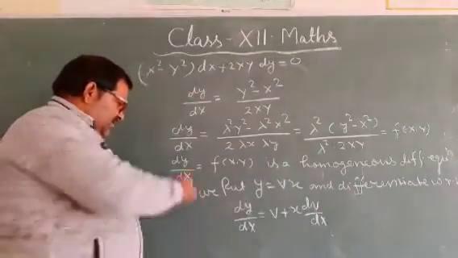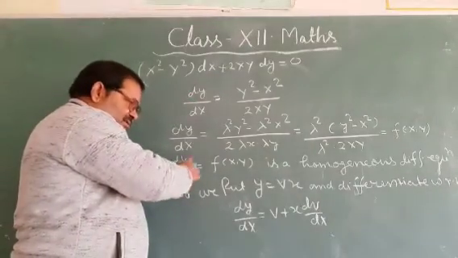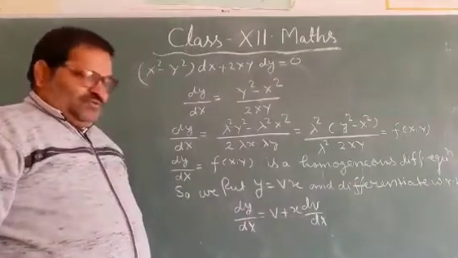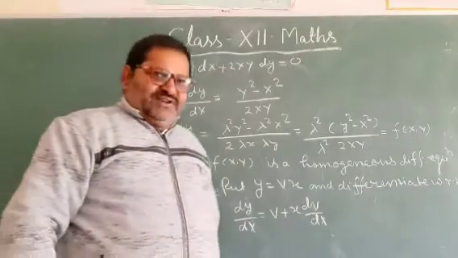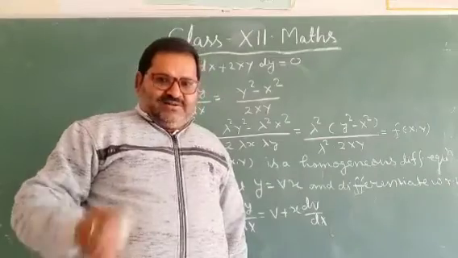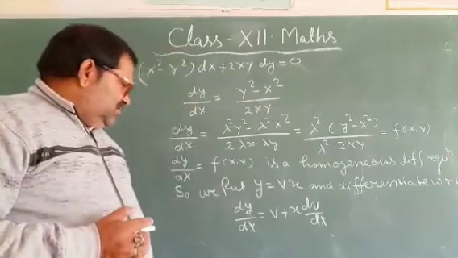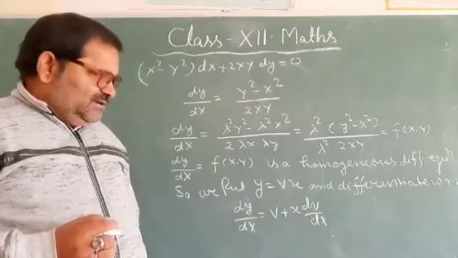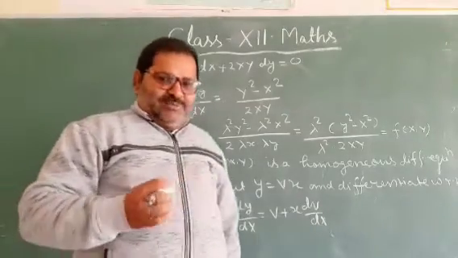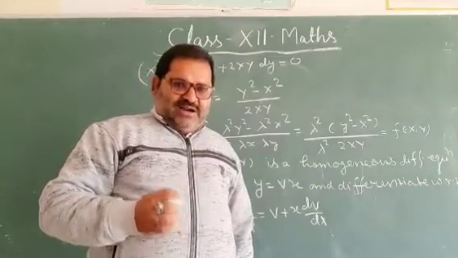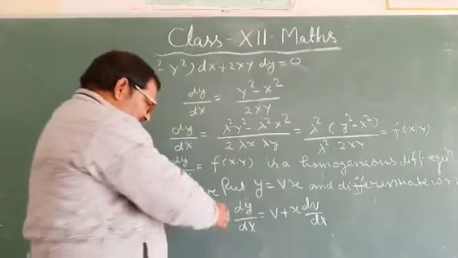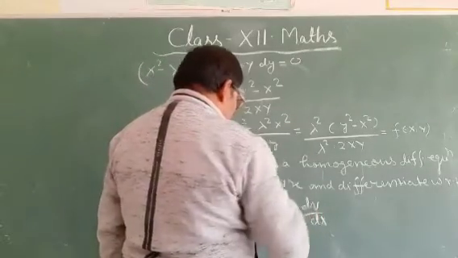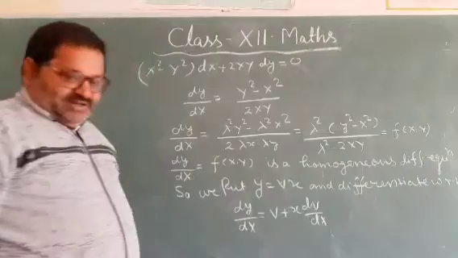So dy by dx equal to f(x, y) is a homogeneous differential equation. Then we put y equal to vx and differentiate with respect to x, and we get dy by dx equal to v plus x dv by dx. Clear?